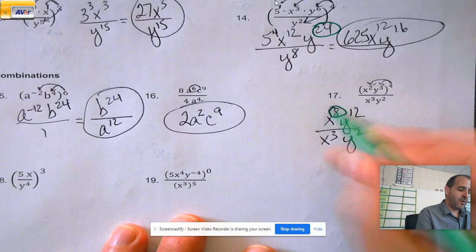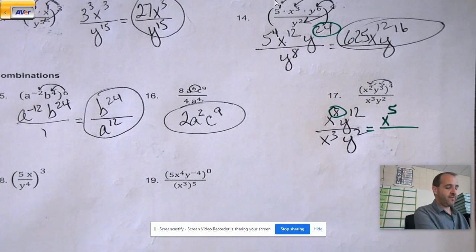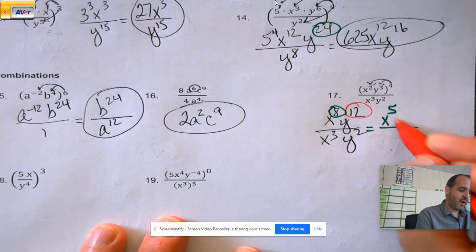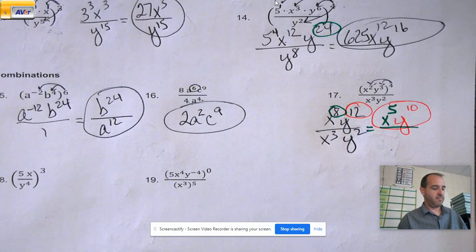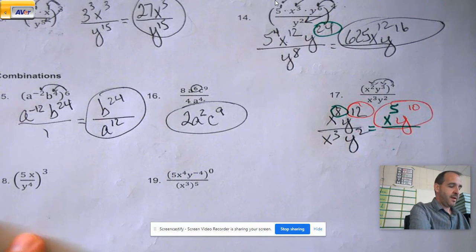Find the bigger exponent, subtract because we're dividing. Okay, no more negative exponents, no more like bases that I can put together. We're good. A couple more to go.